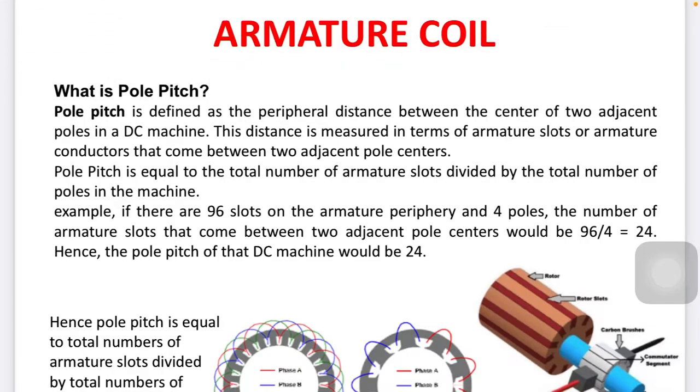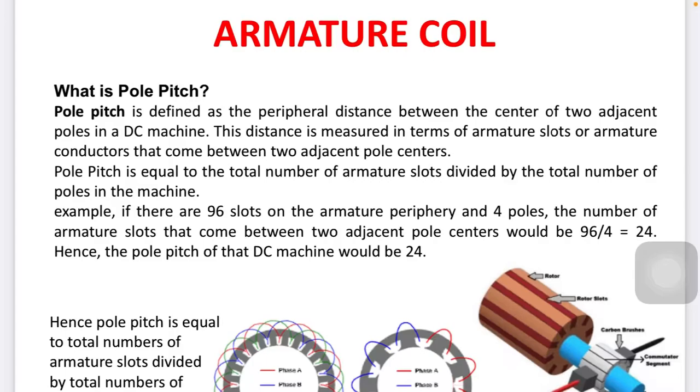As we discussed in the construction, at that time we had a 4 pole machine. The adjacent distance between the poles in DC machines is called the pole pitch. This distance is measured in terms of armature slots or armature conductors that come between two adjacent pole centers. So the pole pitch is equal to the total number of armature slots divided by the total number of poles.